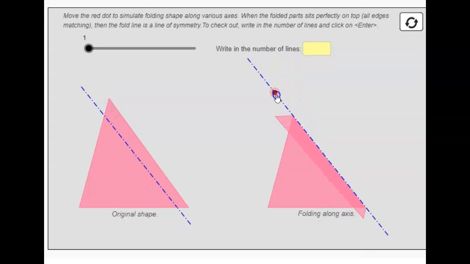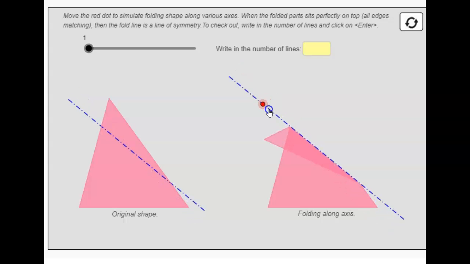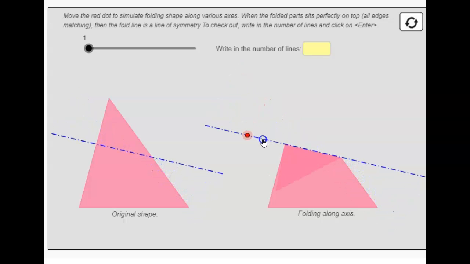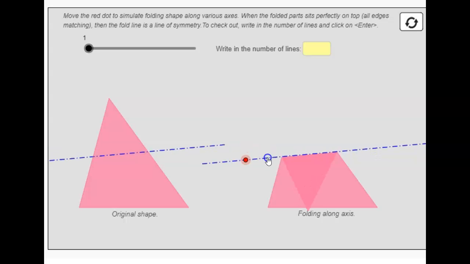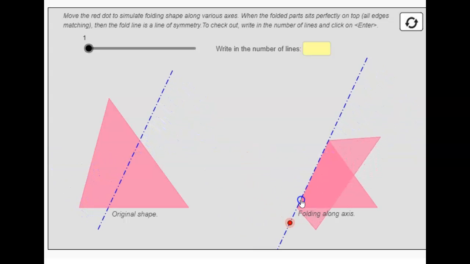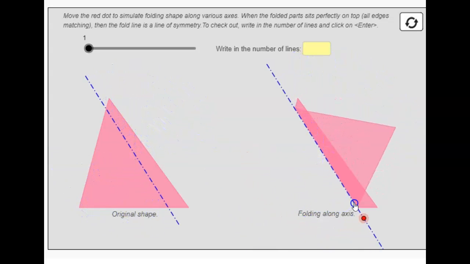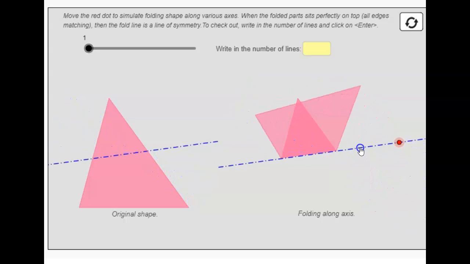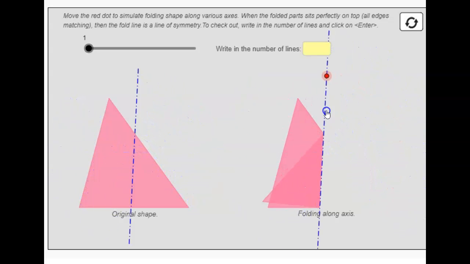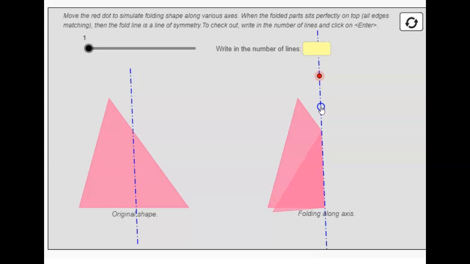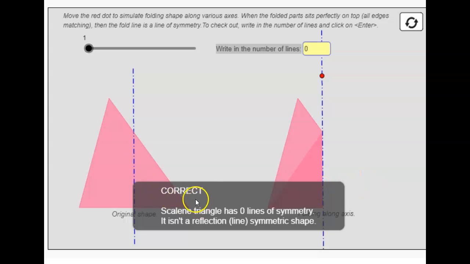And I'm looking and I don't see edges matching up or any of the images fitting perfectly on top of each other. This is where I started, so I do not think there are any lines of symmetry. So I'm going to put a 0 in there, then I'm going to hit enter, and it says I'm correct.